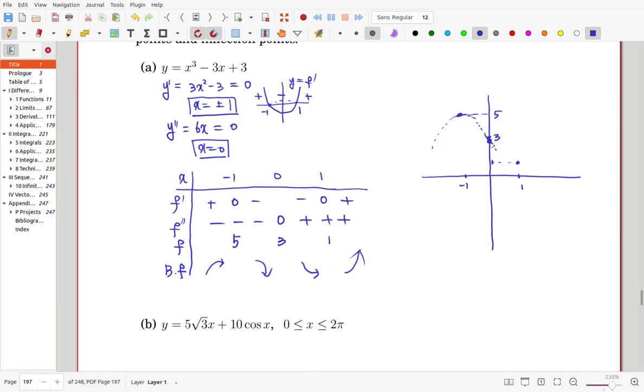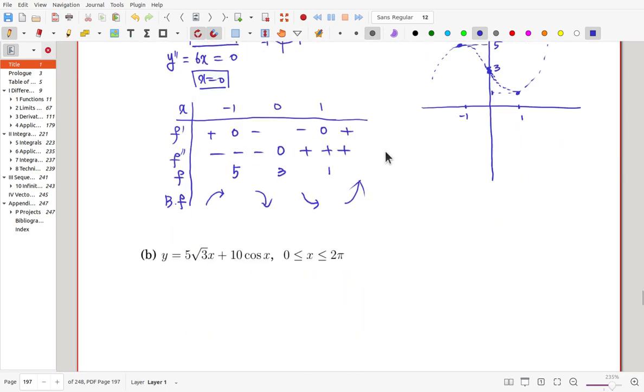Right of 1, it is increasing and concave up, like that. Of course, the point (0, 3) is an inflection point, and this is a local maximum, and that is a local minimum, right? That is the graph of the function.